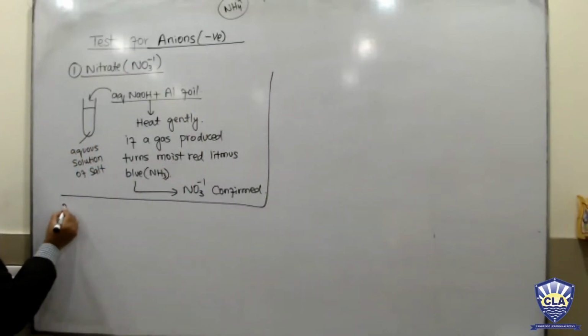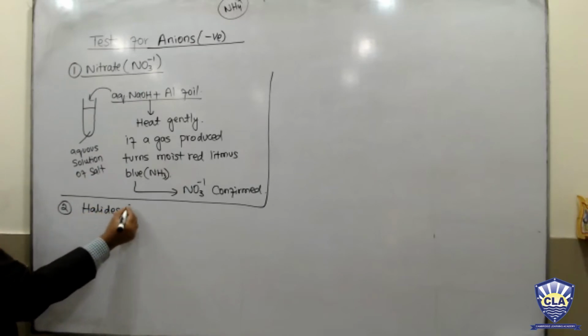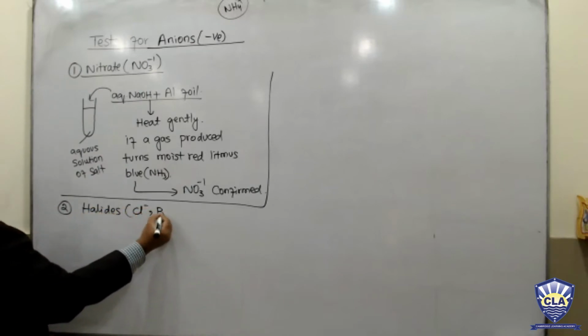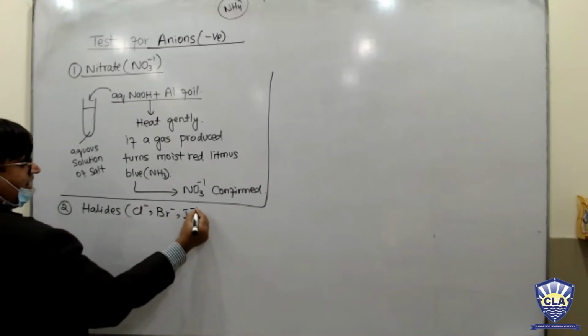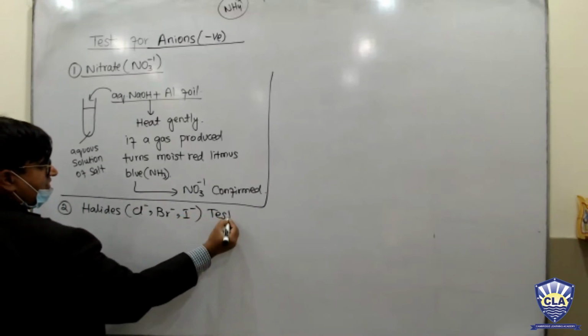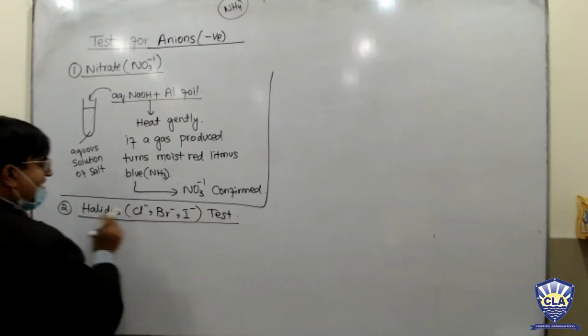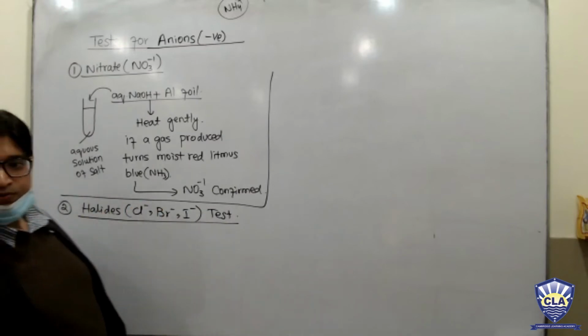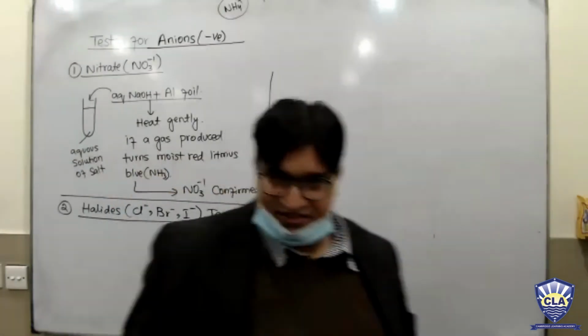The second test we are going to start is the halides. Halides are the chloride, bromide, and iodide tests. These all belong to group 7, which is called the halogens.